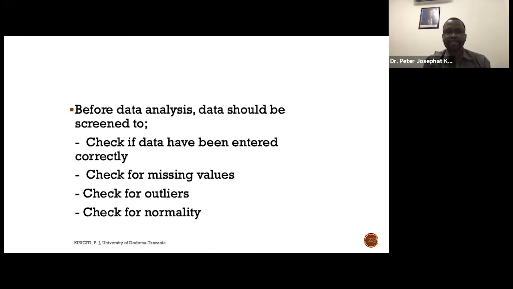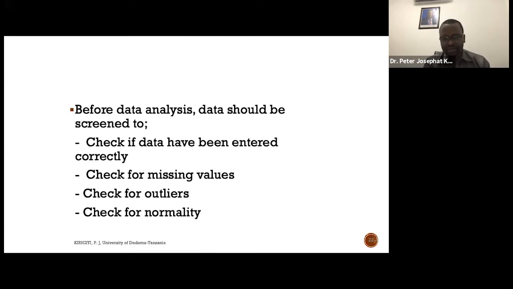One is whether the data have been entered correctly, but also whether there are missing values. Missing values affect the sample size. If, for instance, you targeted 3,000 respondents and you have so many missing values, you end up having 80. So you have lost a lot of information.